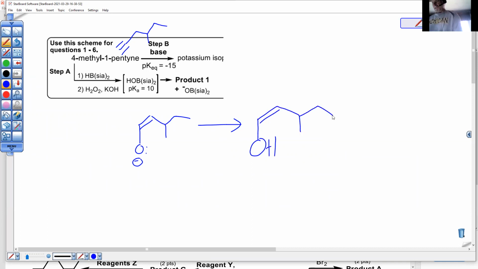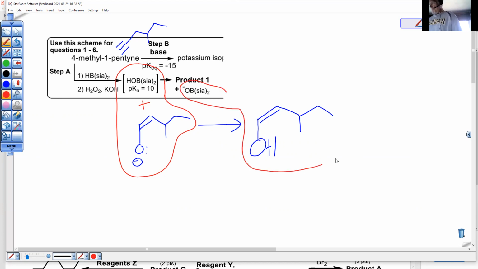So the reactants are all here for the acid base, and the products are all here, these two. So there's your acid base equilibrium. And it's an alcohol.